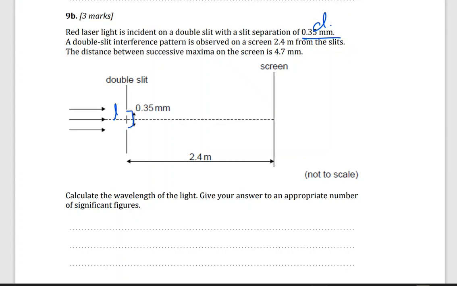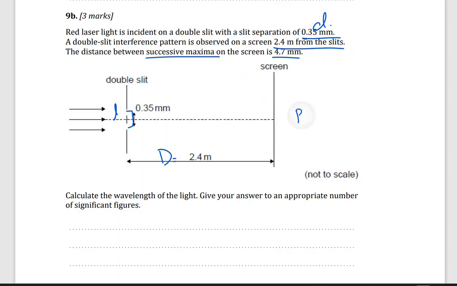A double slit interference pattern is observed on a screen 2.4 meter from the slit. So the distance D capital is 2.4 meter. The distance between successive maxima on the screen is 4.7 millimeter.